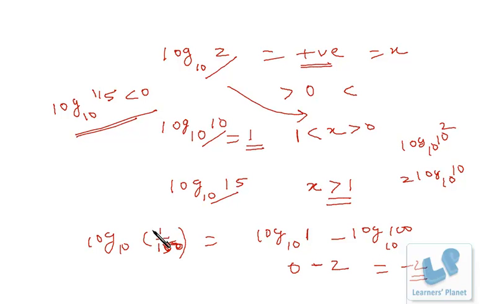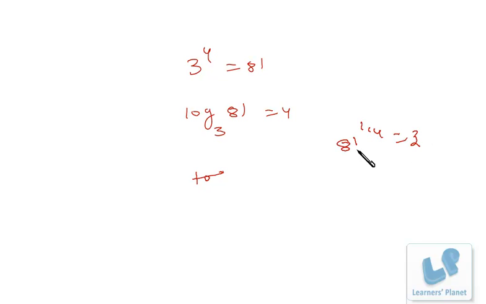You can do some experiments on your own. I will just take some examples to calculate the values of logarithm. Suppose 3 raised to 4 is 81. I write it as log 81 to the base 3 is 4, right? Similarly, 81 raised to 1 by 4 is 3, so log 3 to the base 81 is 1 by 4, right?